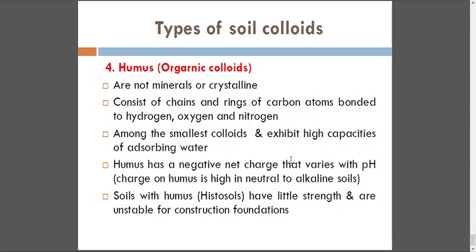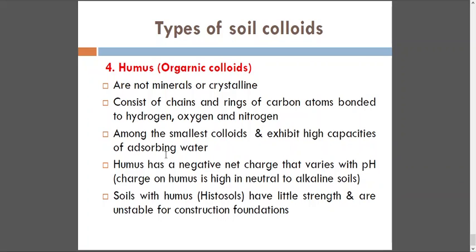It also exhibits a high capacity for adsorbing water, and that's why in soils with a high composition of humus, it is easier to maintain soil moisture. Those soils don't normally dry up as easily as soils without humus. We also see that humus has a negative net charge that varies with pH.